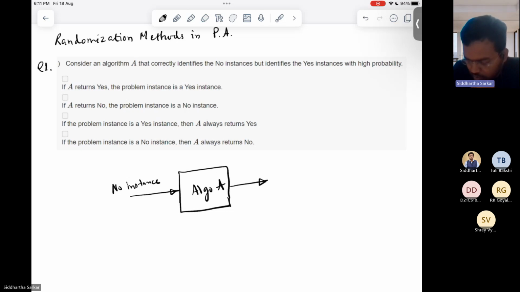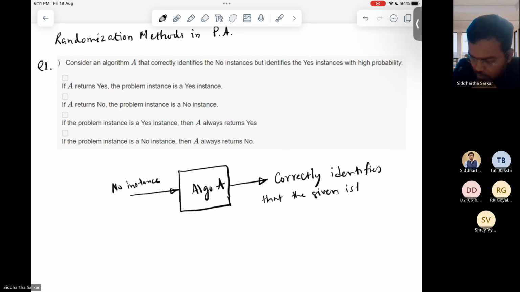If you give it a no instance, it is able to say correctly that the given instance is a no instance.